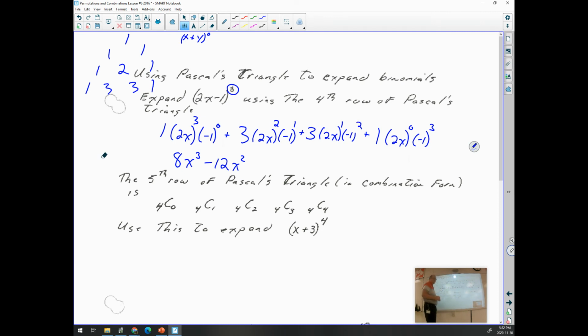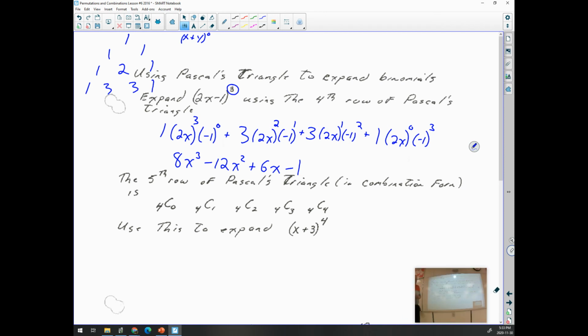Negative 1 squared is positive 1. So we're just going to have 6x, 3 times 2, x to the 1. And over here, we have 2x to the 0 is 1, not 0, 1. So 1 times 1 times negative 1. There's our expansion.